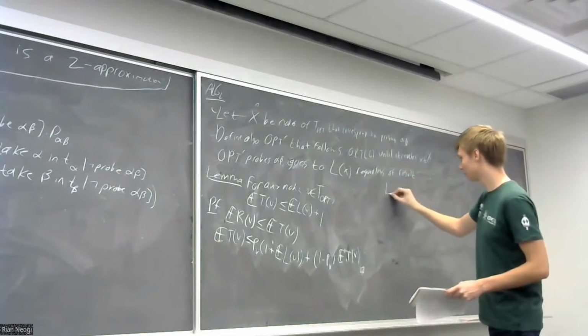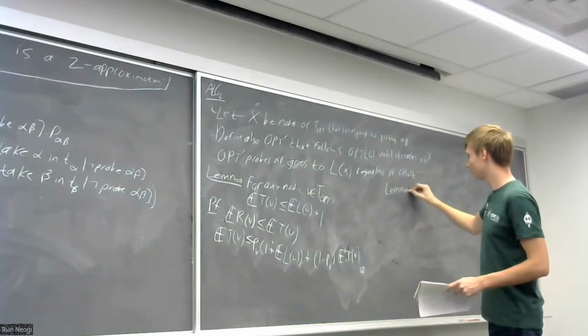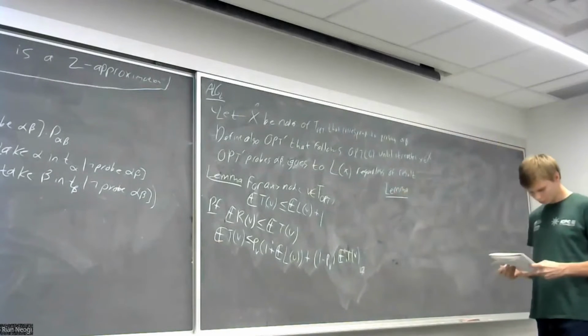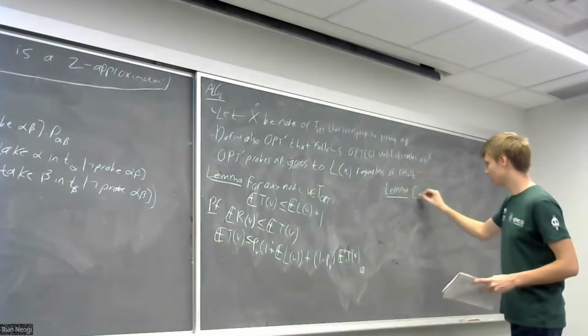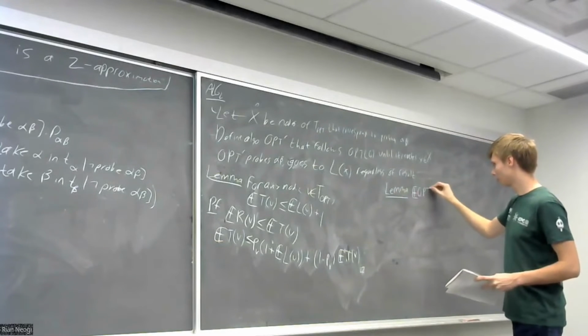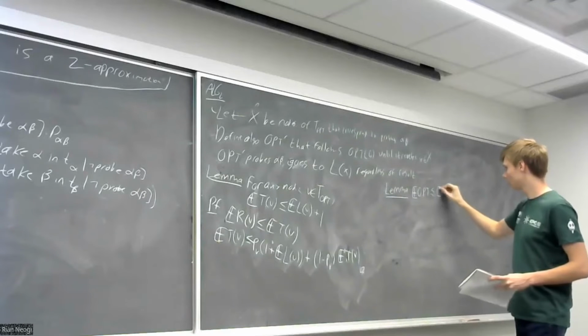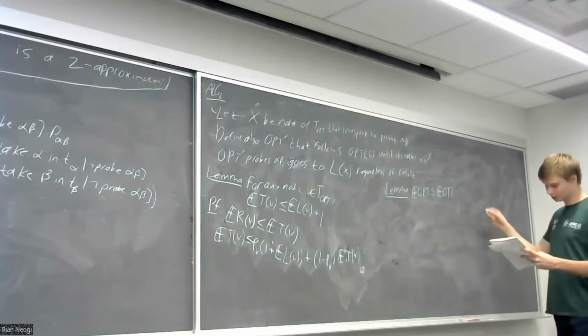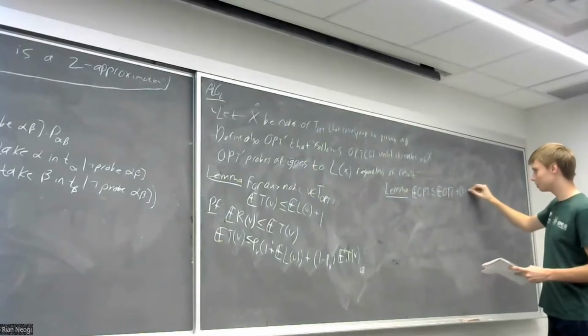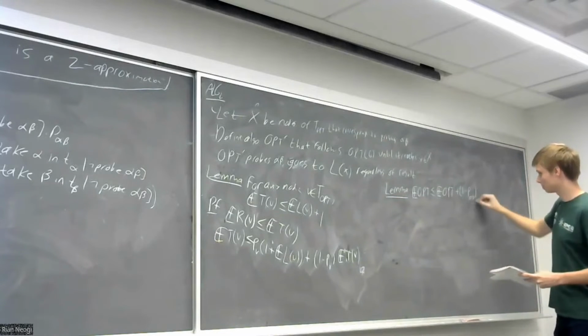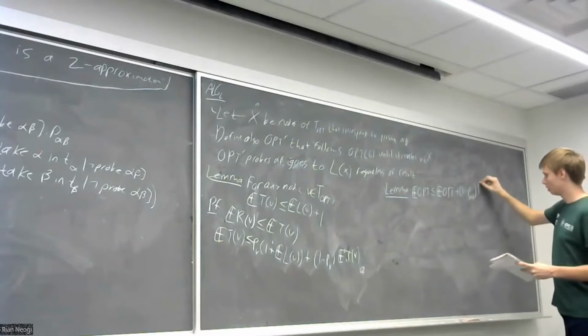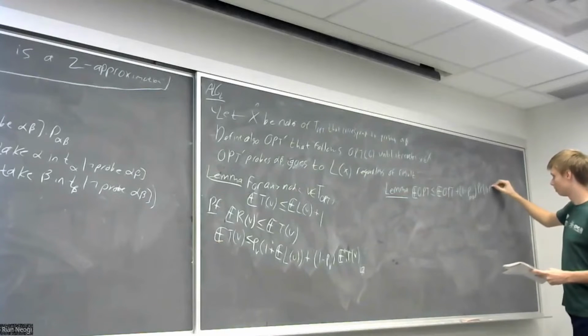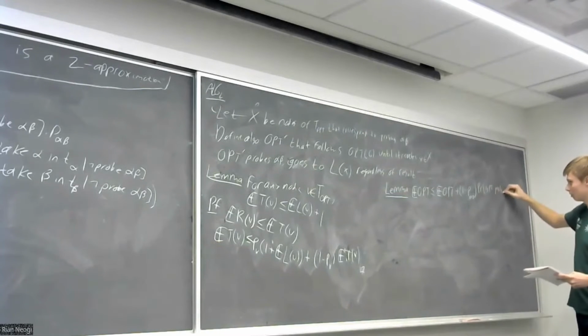We'll get another lemma, and that is going to bound the performance of opt prime. The expected value of opt is less than or equal to the expected value of opt prime plus an error term, which is just 1 minus P alpha beta times the probability that opt actually probes alpha beta.